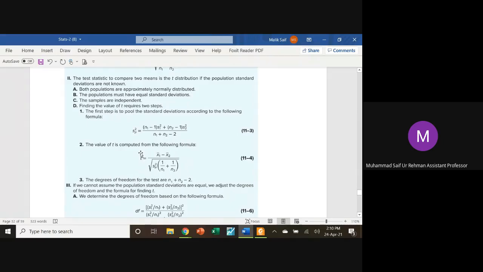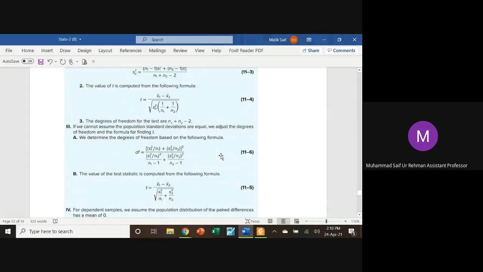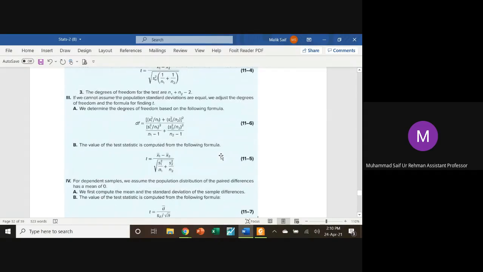We had assumed those as equal, so we use this formula, and in this particular case we use sp square. And here it was of importance that n1 plus n2 minus 2, this was the degree of freedom that we used.